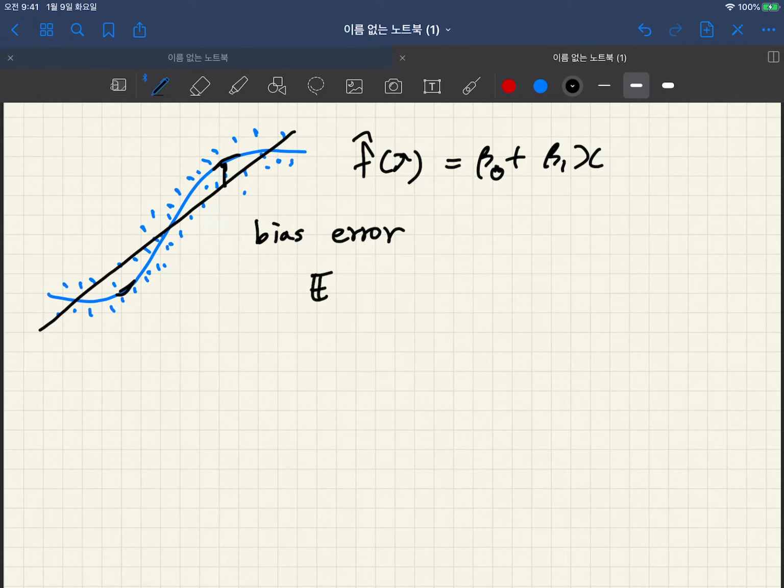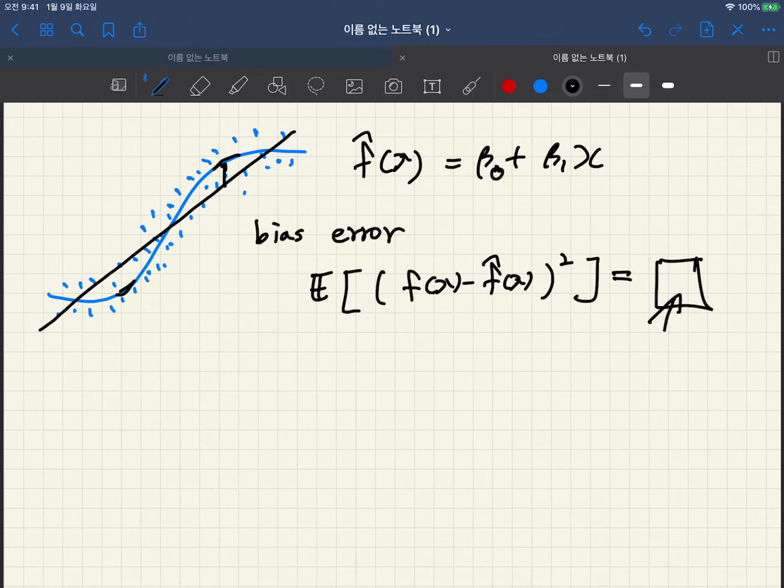The expectation of (f(x) minus f hat(x)) squared is equal to something, and that basically comes from the model limitations. Okay.